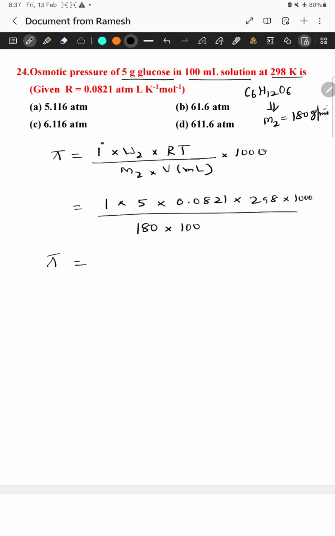After simplification the value will be 6.79 atm. Atm, atmosphere pressure, is the unit of osmotic pressure. So 6.7 approximately is in option C. Therefore, question number 24, option C is the correct answer.